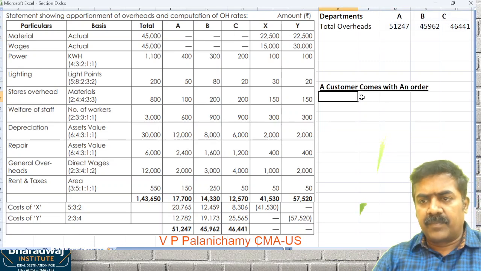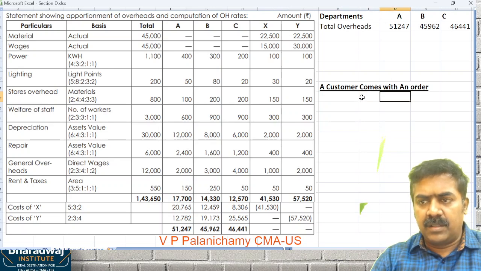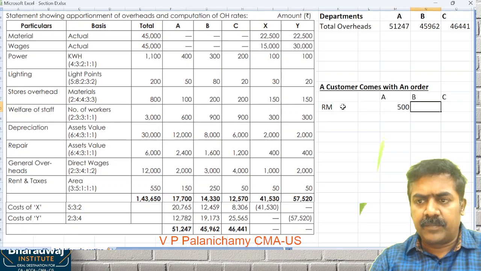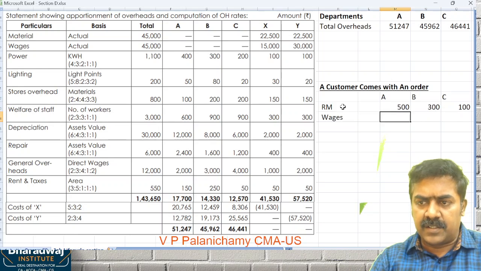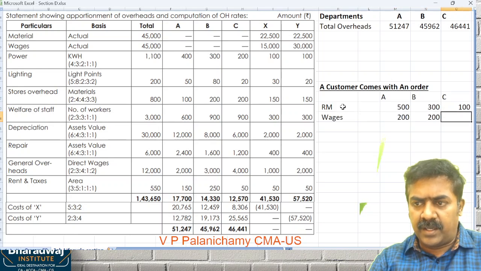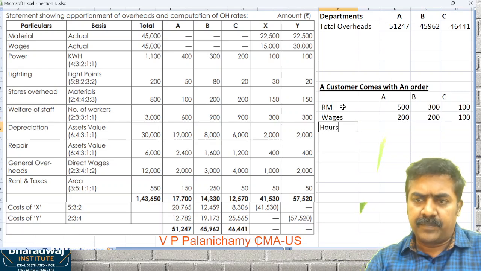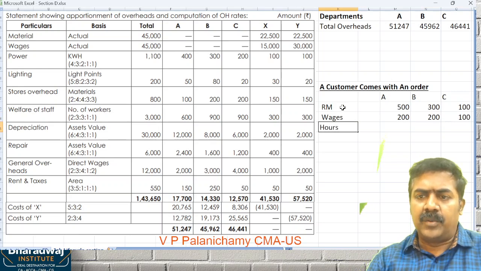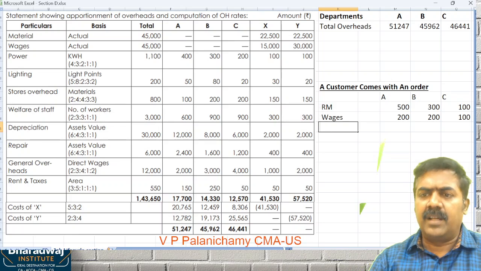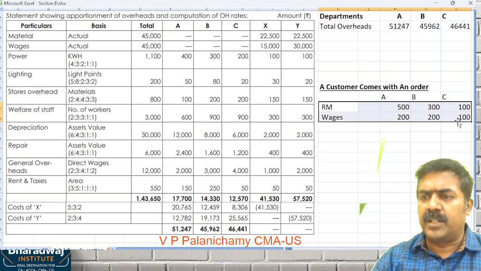Let's assume this order will consume raw material 500, 300, 100 like that for A, B, C. It will consume wages 200, 200, 100 like that. It will take some hours of work. Okay, it will take raw material and wages to be consumed.